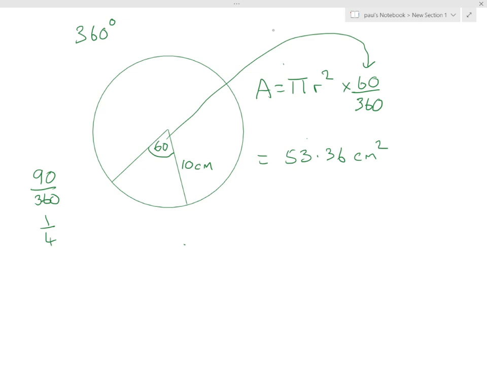So there's no need to simplify this because you're doing it with a calculator. This is 1 over 6, but it doesn't make any difference. You may as well just use the numbers that are in the circle.